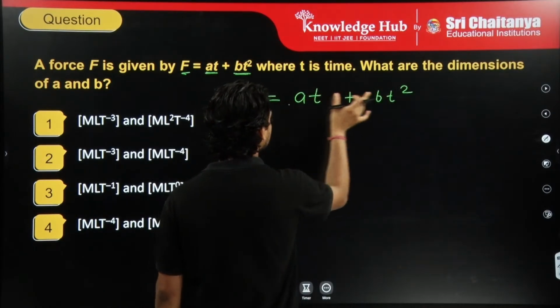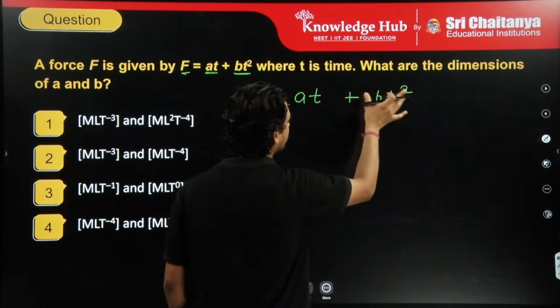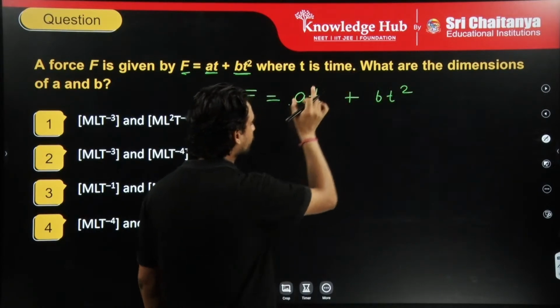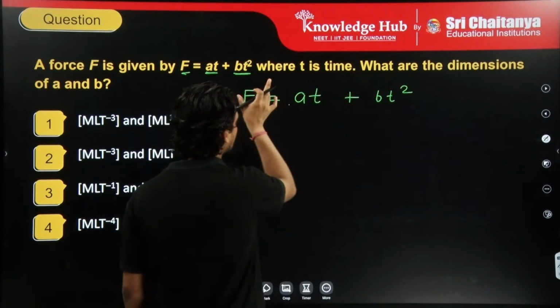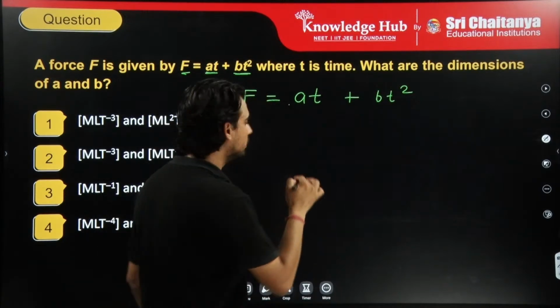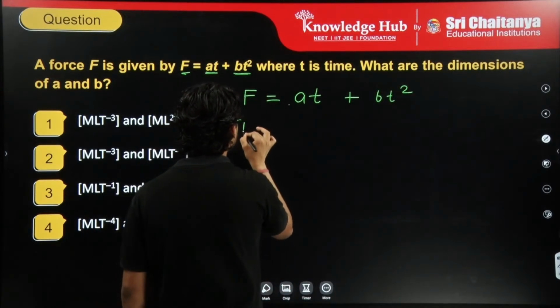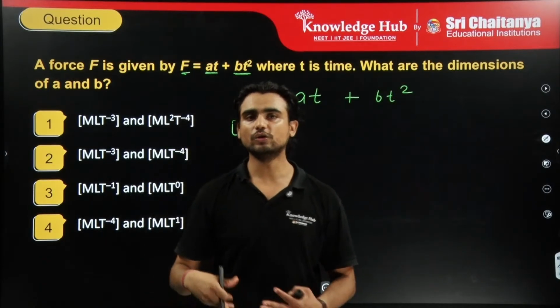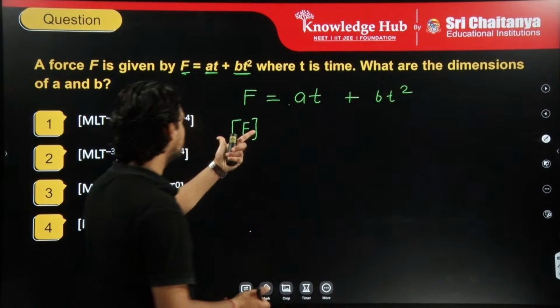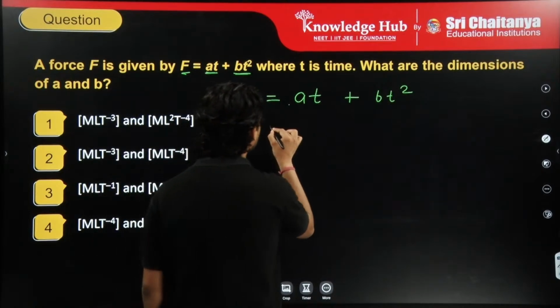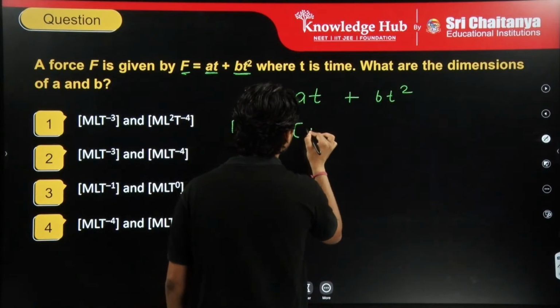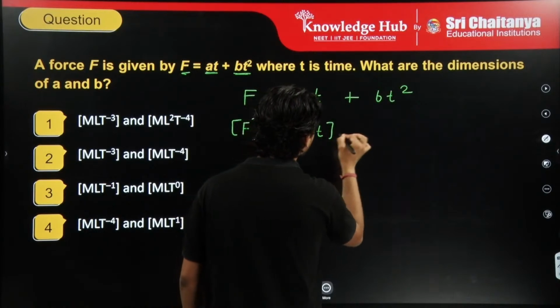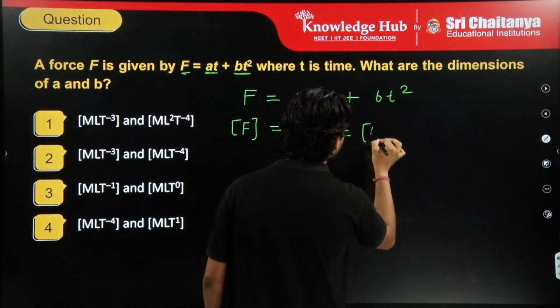I'm adding these two quantities, so they should have the same units, and this should also have the same units as force. If the units are the same, the dimensions are also the same. So the dimension of force is equal to the dimension of AT, and that should be equal to the dimension of BT square.